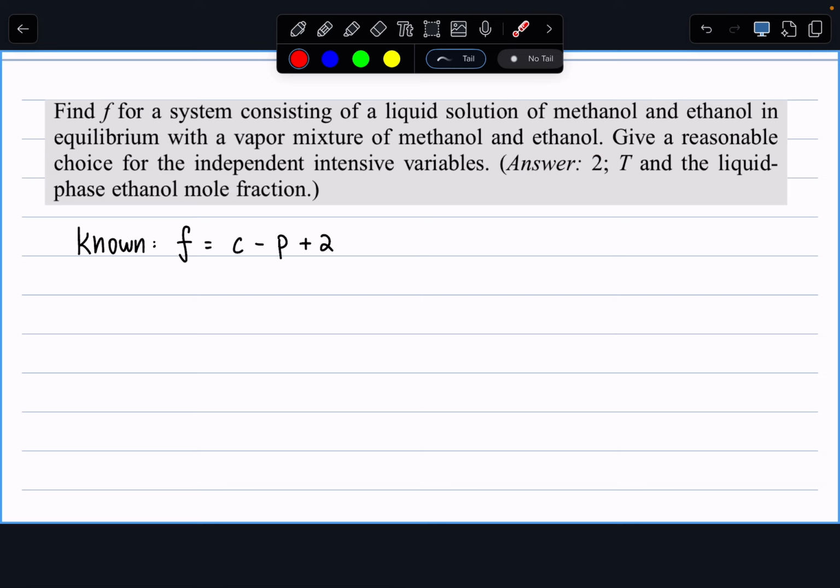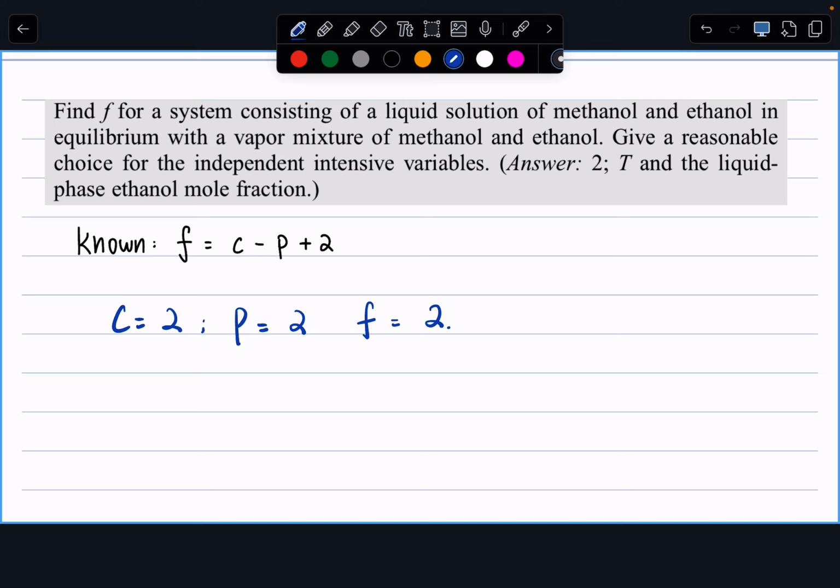So how many components do we have in this case? C equals 2, methanol and ethanol. P equals 2, liquid and vapor. So my F equals 2.